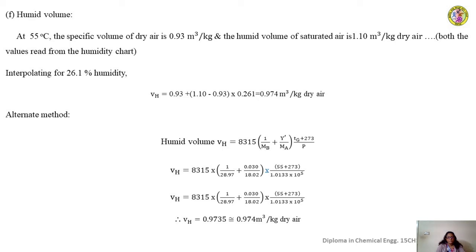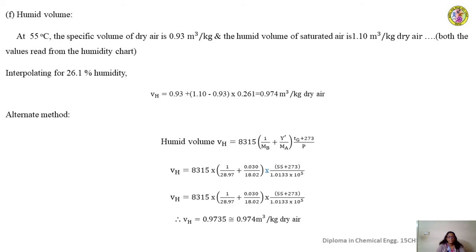The difference between the saturated volume and the specific volume of dry air is multiplied by the percentage humidity, 0.261. Then we get the actual humid volume of the given sample. With this calculation, the value obtained is 0.974 meter cube per kg dry air.